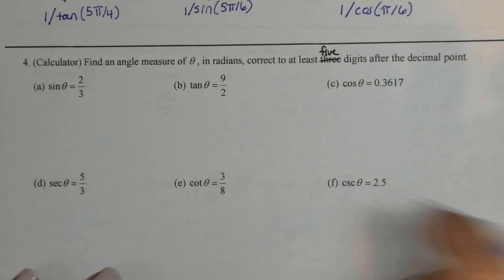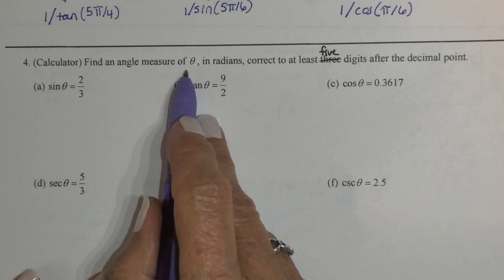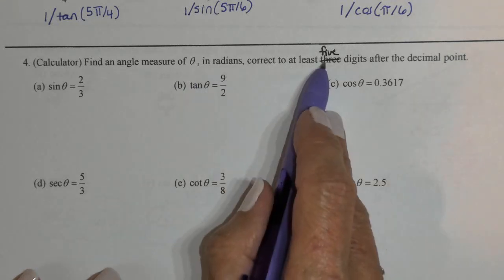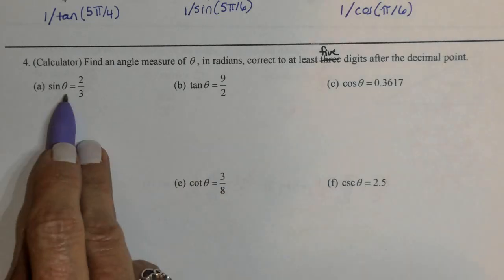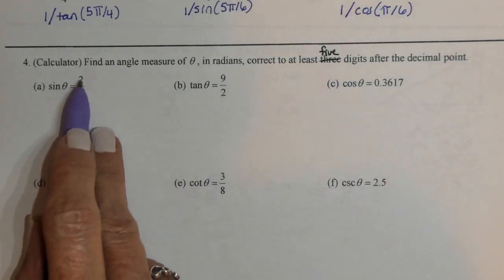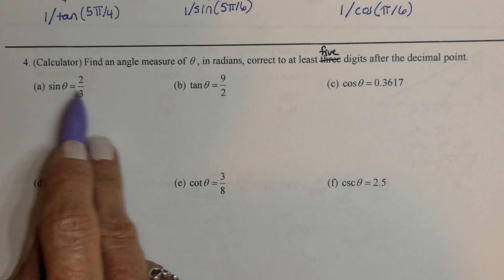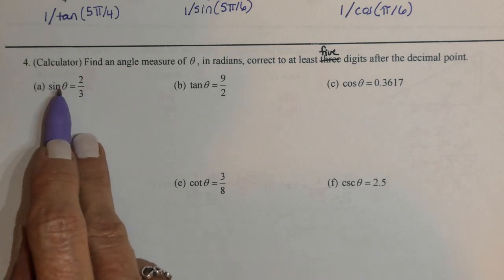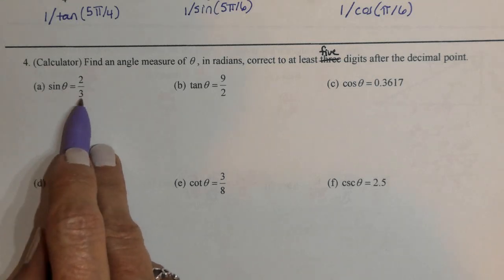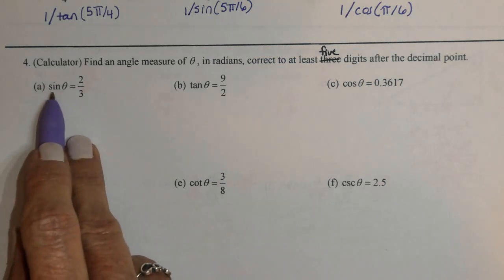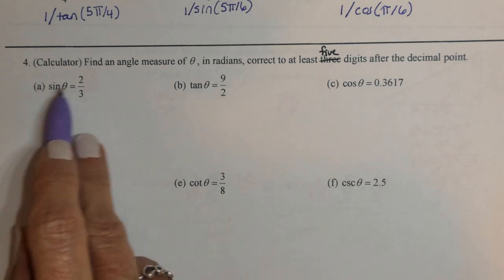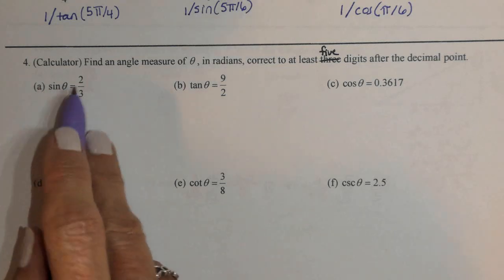Find an angle measure of theta in radians correct to at least 5 digits after the decimal point. So now we need to find the theta that gives us the 2/3 for sine. So sine of what angle is 2/3? Here's where we need to use the inverse, because if you have a function here, to get rid of a function, we inverse it, right?